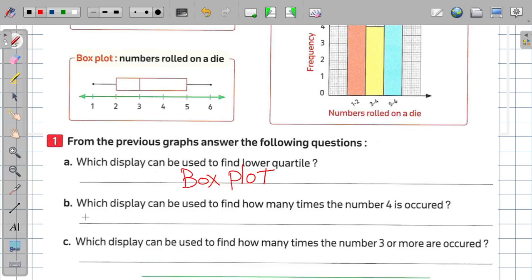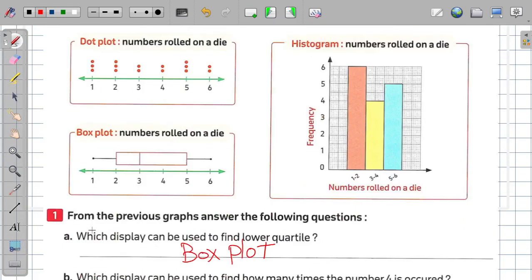The second one, which display can be used to find how many times the number 4 occurred. I think if we look again at the ways to represent data, I think it's the dot plot, because it's the only way that shows individual data.